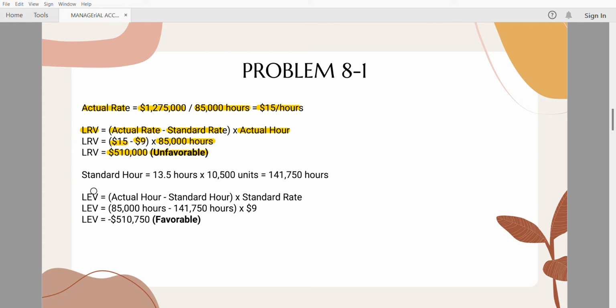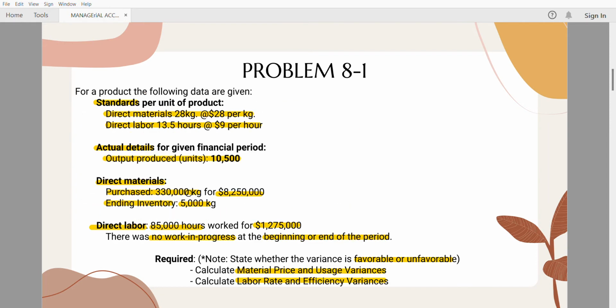Continue to the next one, LEV, or labor efficiency variance. So the formula is actual hour minus standard hour times standard rate. Actual hour, we already have it, 85,000 hours. For the standard hours, we need to find it first, which is 13.5 hours times the units that we produced, which is 10,500.